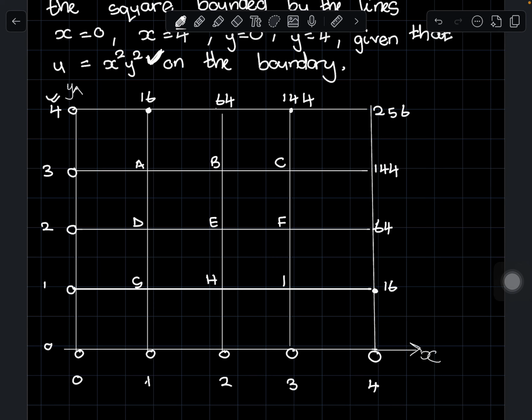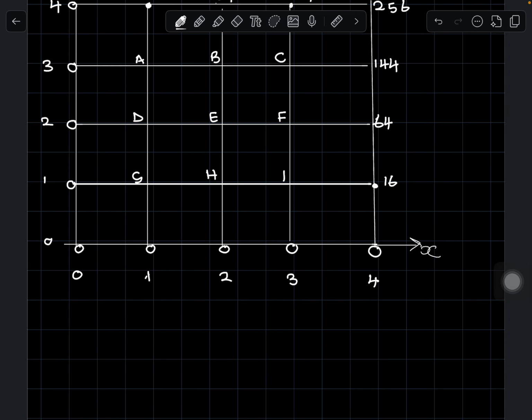Following the steps I mentioned earlier, at E the value is 1 over 4.